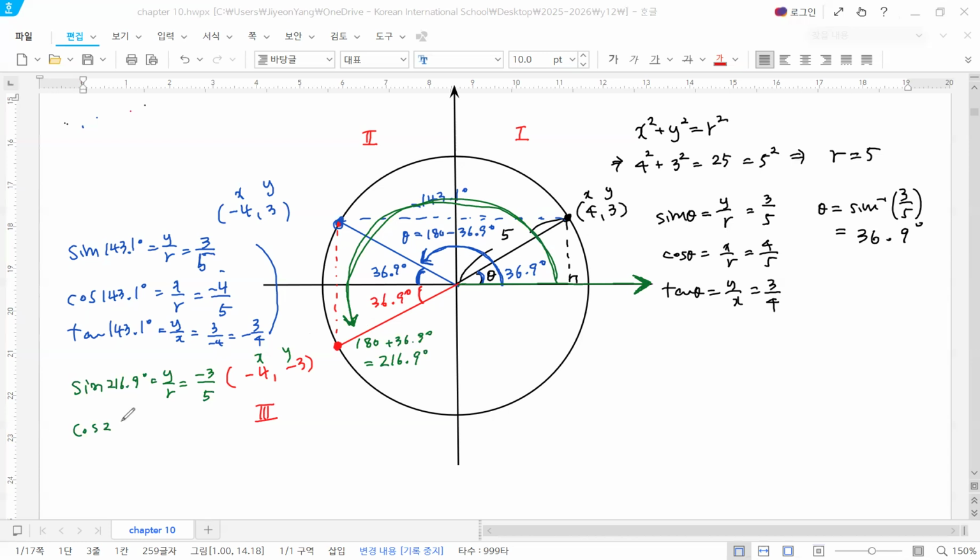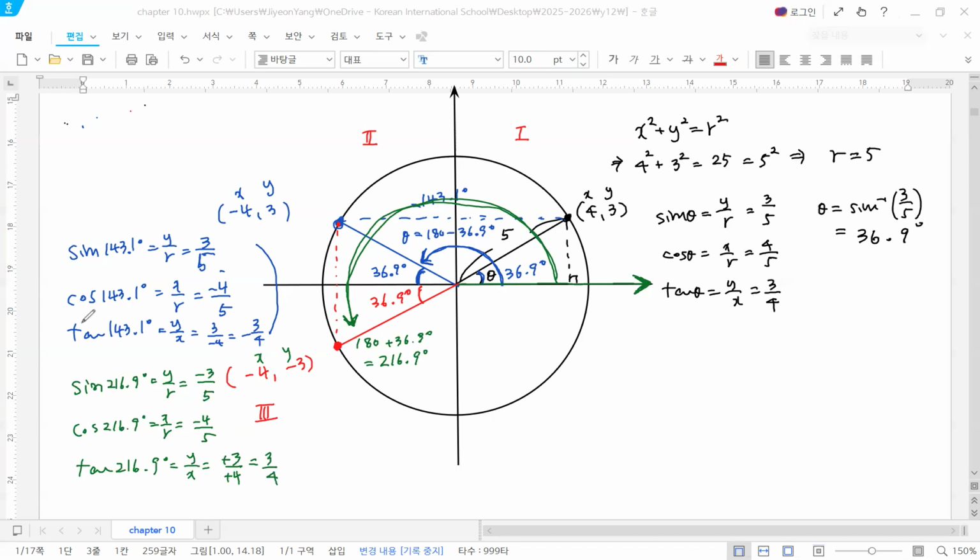Cosine 216.9 degrees equals x over r. The x coordinate is -4, so -4 over 5. Tangent 216.9 degrees is y over x, which means -3 over -4. Since the negative sign exists on the numerator and the denominator at the same time, it's positive, so 3 over 4.